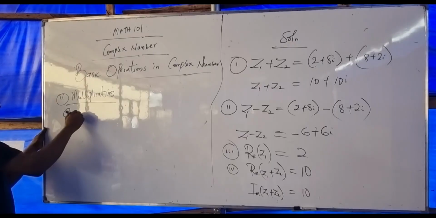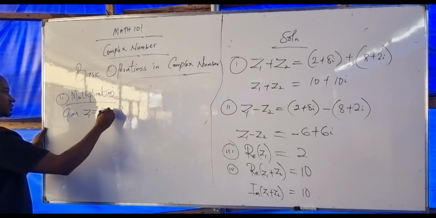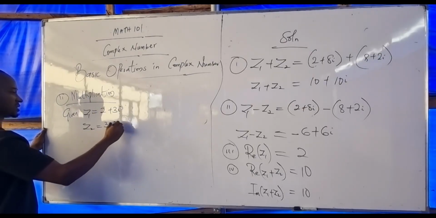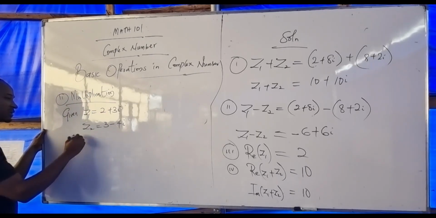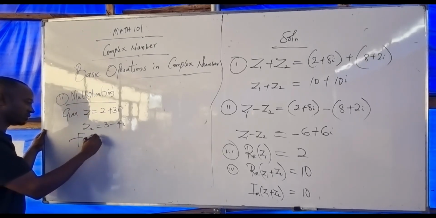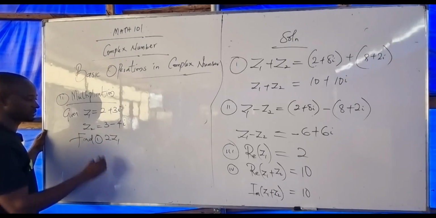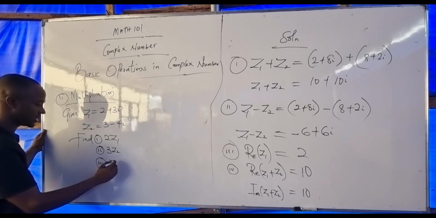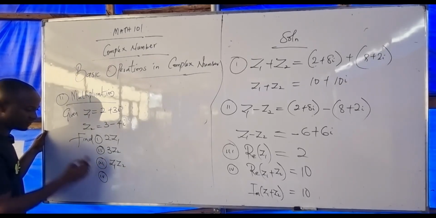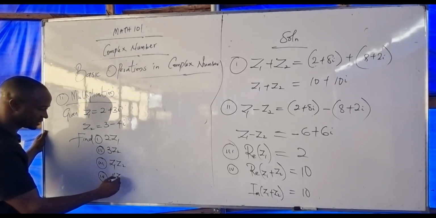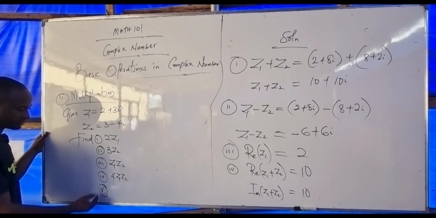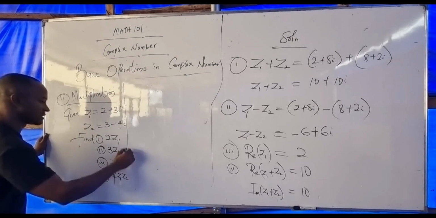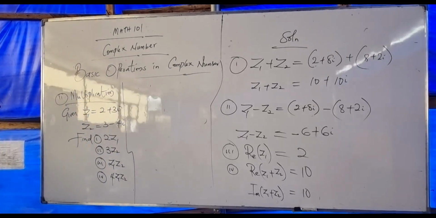If we are given Z1 equals 2 plus 3i and Z2 equals 3 minus 4i, find the following: number 1, 2Z1; number 2, 3Z2; number 3, Z1 Z2; number 4, 4Z1 Z2. Okay, let's stop here so I will not stress ourselves much.